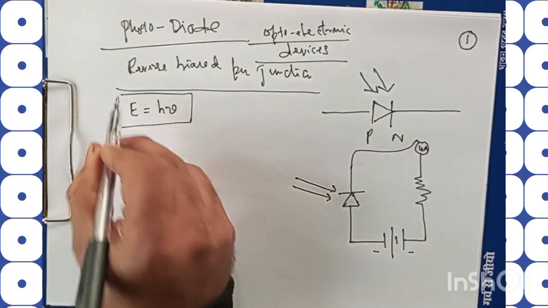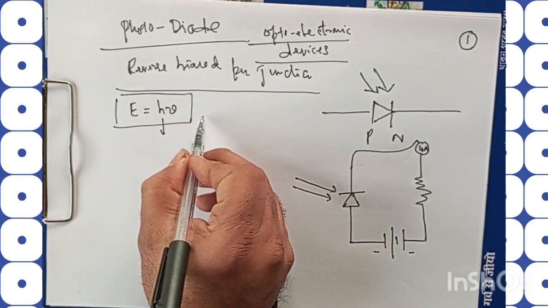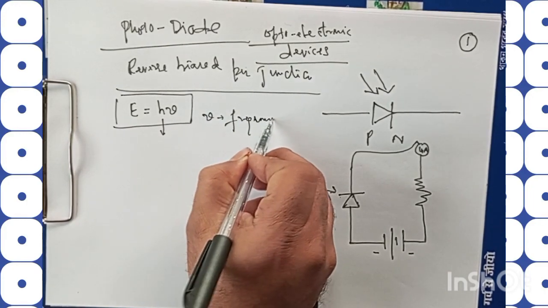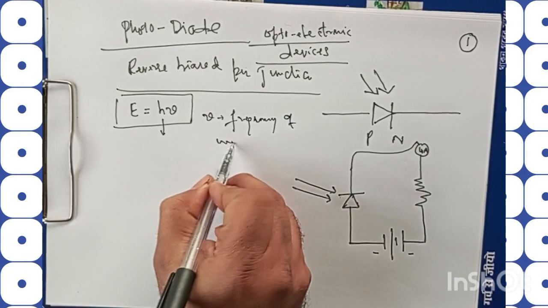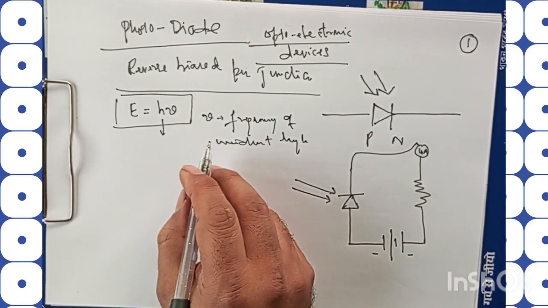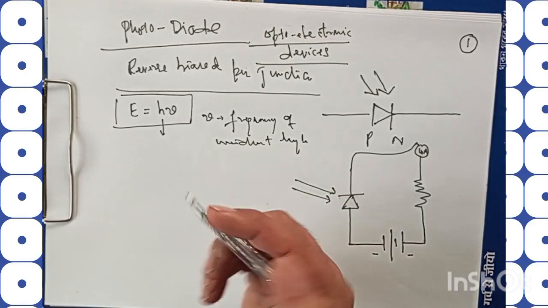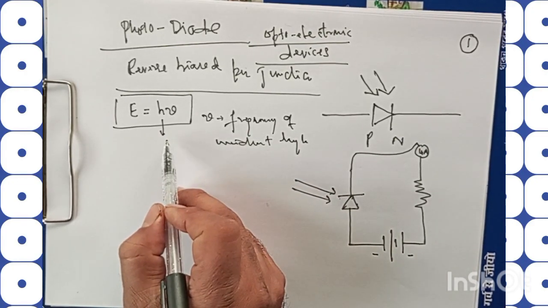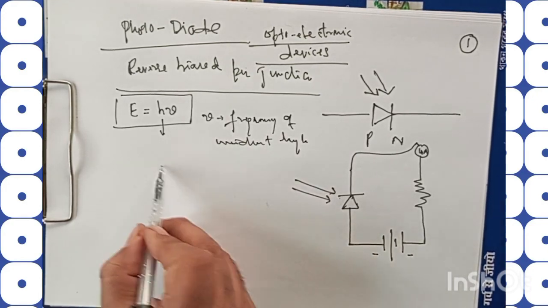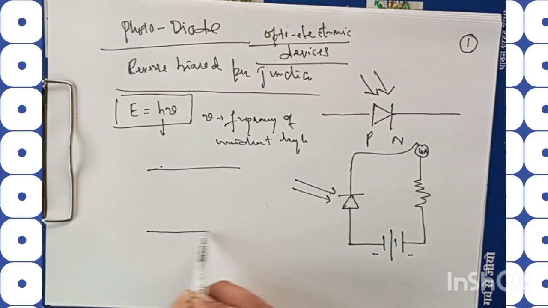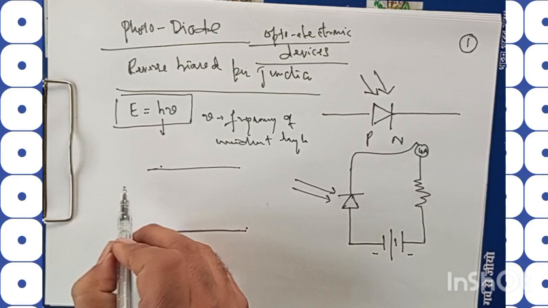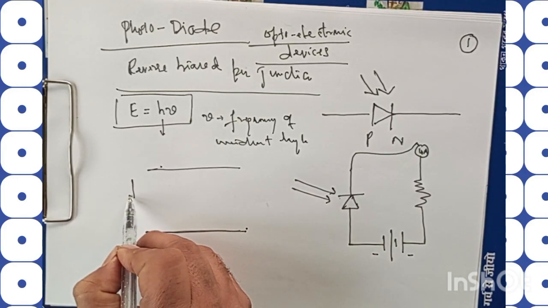So h is the Planck's constant, and nu is the frequency of the incident light. So when this light has energy more than that of the energy gap, certainly we have a gap here, and we have to overcome that gap.